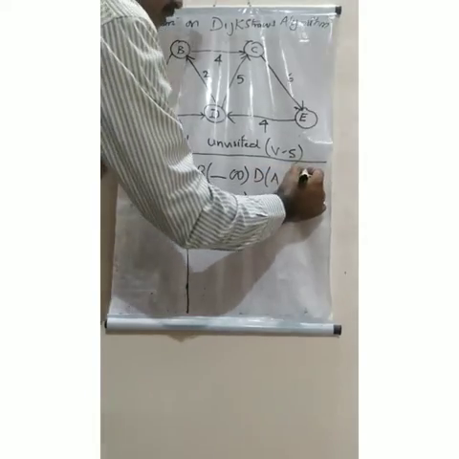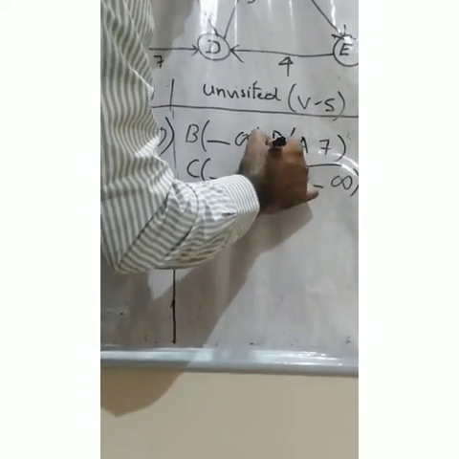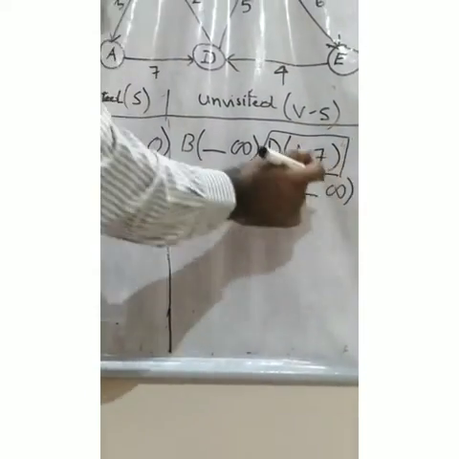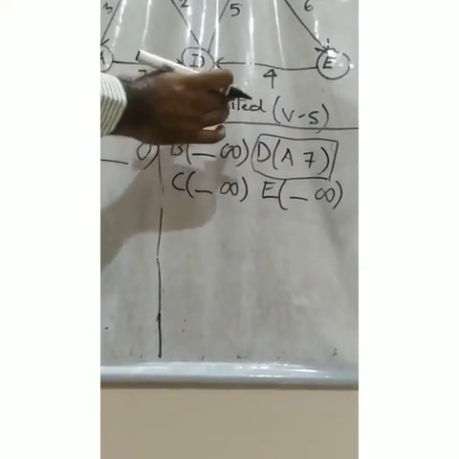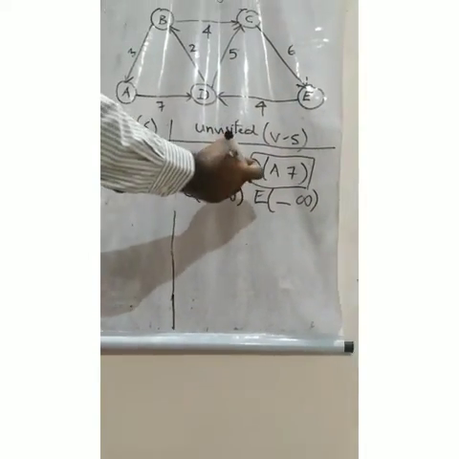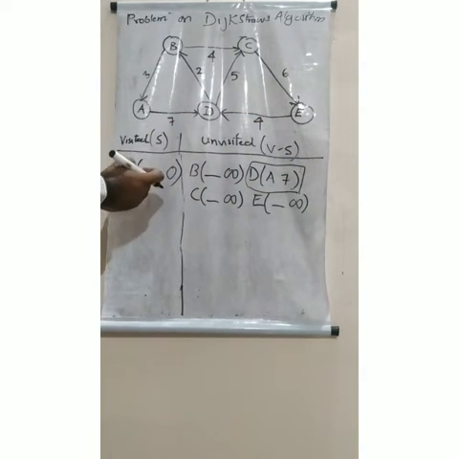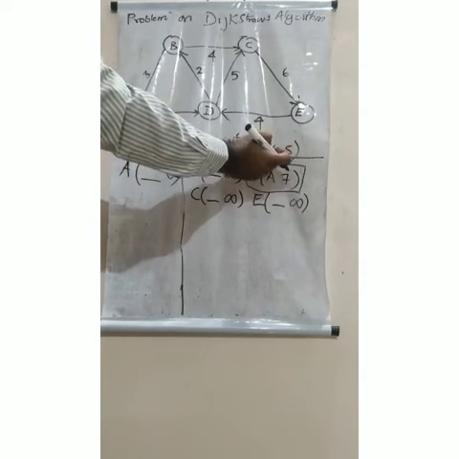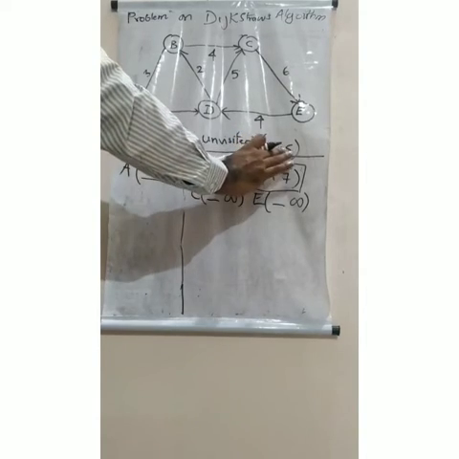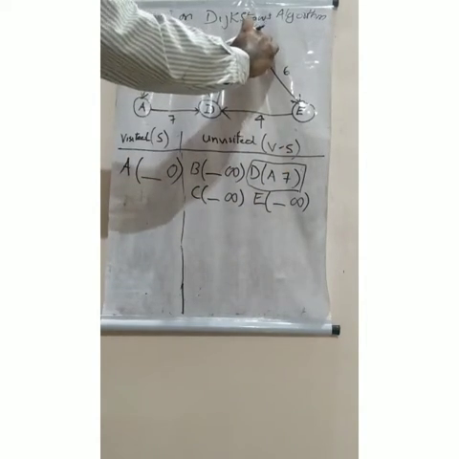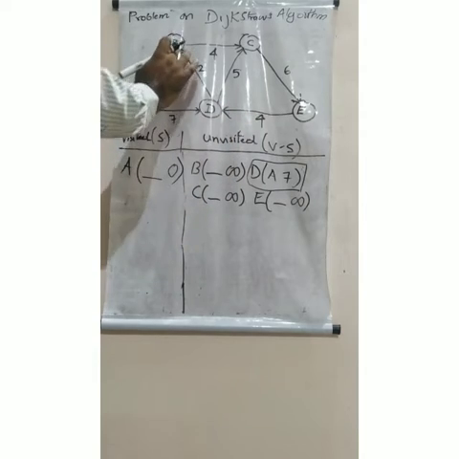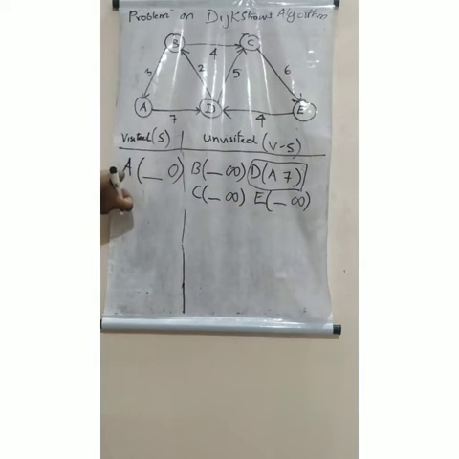So that means we are admitting this. We consider it as U, meaning a new vertex is added. From this column we are admitting it to this one. So V minus S now will remain only with B, C and E, because D is admitted to the visited set.